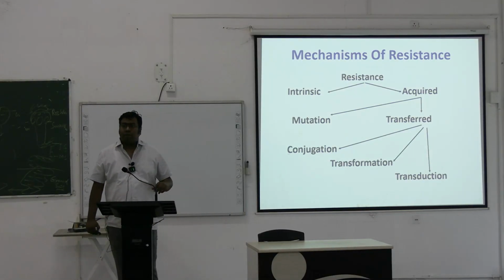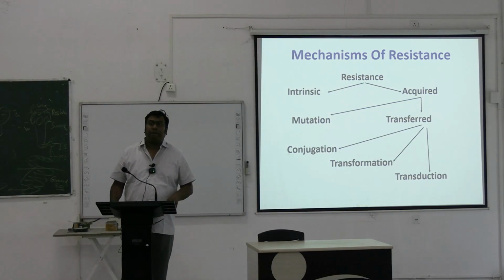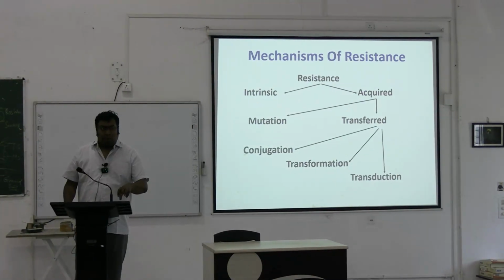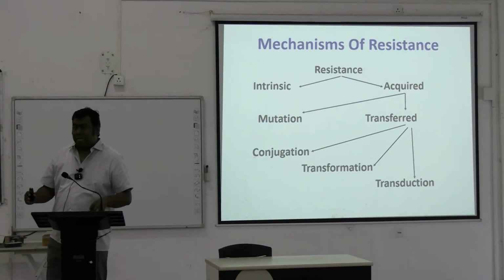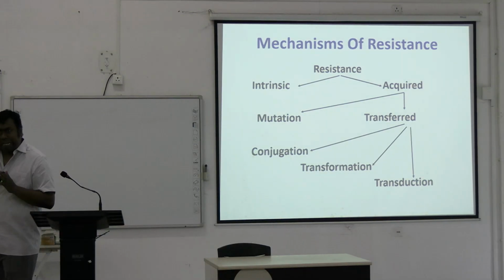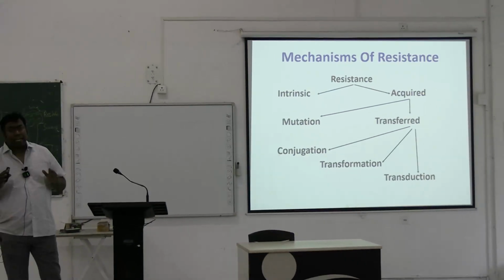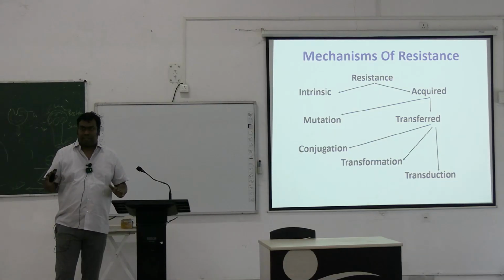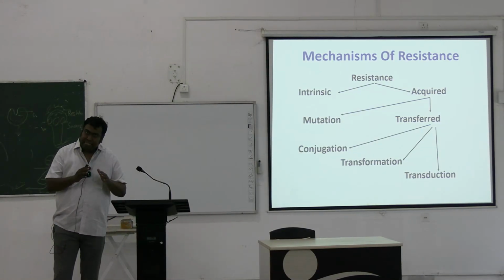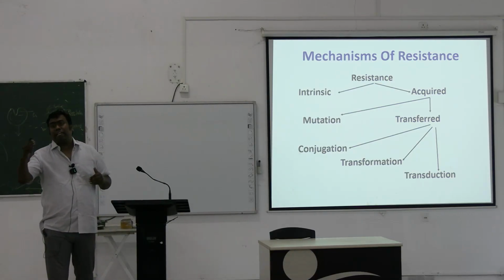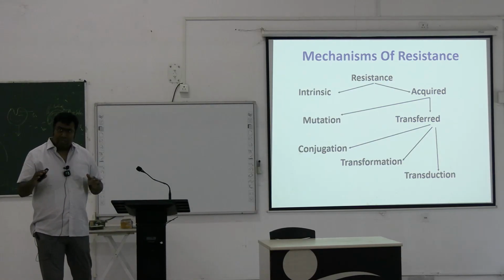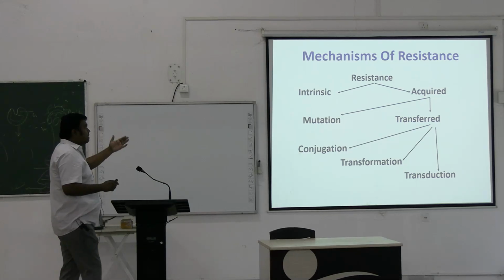Intrinsic means from the developmental phase, there is no effect on that. Supposedly, aminoglycoside never has coverage against anaerobic bacteria, or penicillin G never has coverage against chlamydia and rickettsia. Clear? So it is intrinsic.